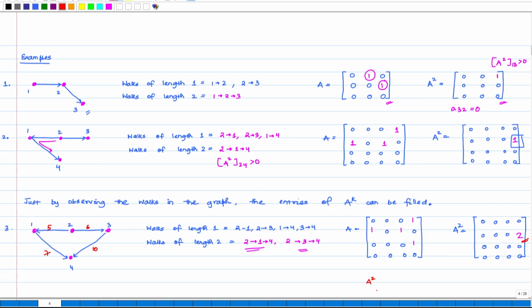But if the matrix is actually a binary matrix, meaning the edge weights are simply equal to 1, so let us replace all of them by 1, in this case, the value of the ijth entry of A square actually also gives us the number of walks of that particular length.